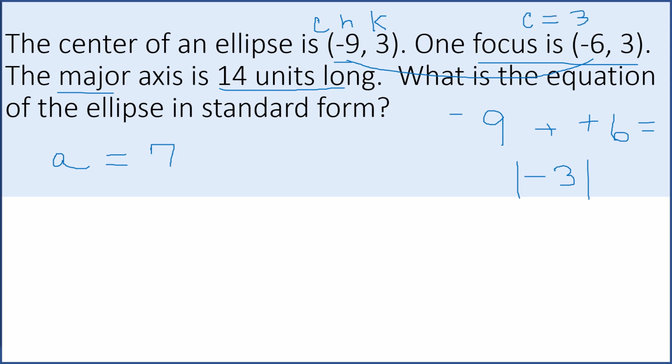So we have a and we have c. Okay, remember our formula, c squared equals a squared minus b squared. a is always the larger one. The larger one always comes first so that we have a positive number. c is 3. 3 squared is 9. a is 7. 7 squared is 49, I think. Let me put it in my calculator just to be sure. 7 times 7 is 49, minus b squared.